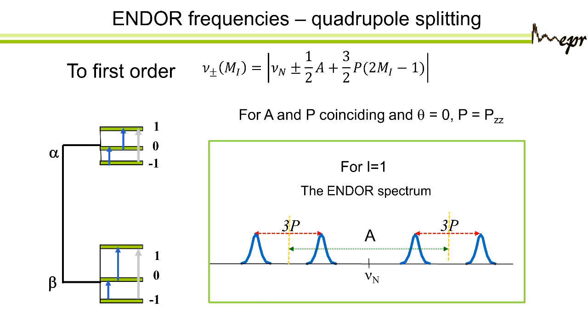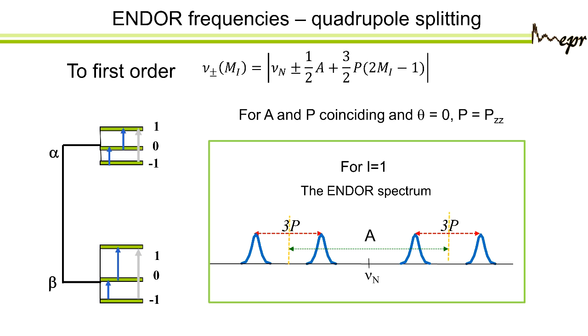If we didn't have the quadrupolar splitting, you recognize the two terms are the ones we are used to, first order. When you have a quadrupolar interaction, you have further splitting for I equal 1, given by this term.